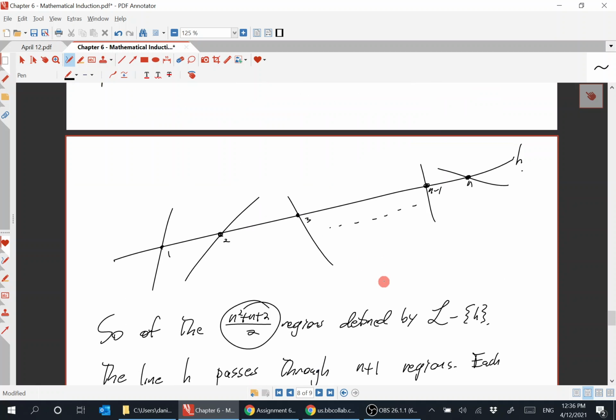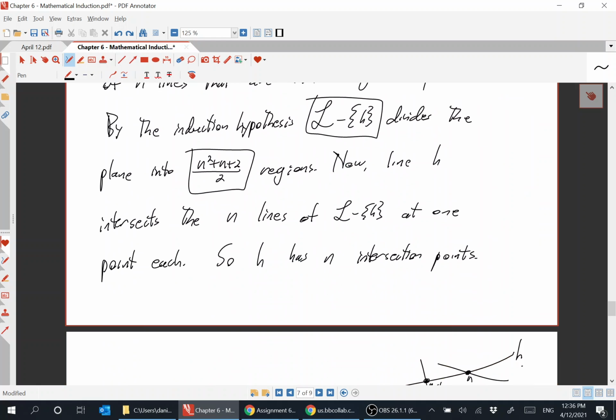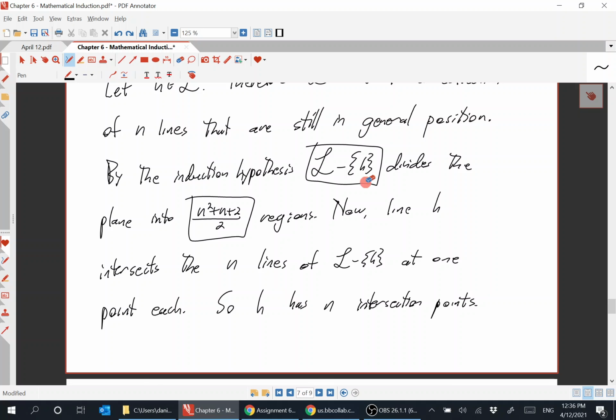So you have that many intersection points with the other lines. So H is passing through a new region every time it passes through one of the lines. Here's a region, here's a region. Every time it goes through one of those n lines, it goes through one of the regions from before. So, how many regions did we have?